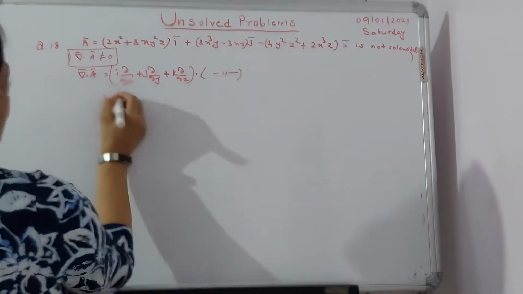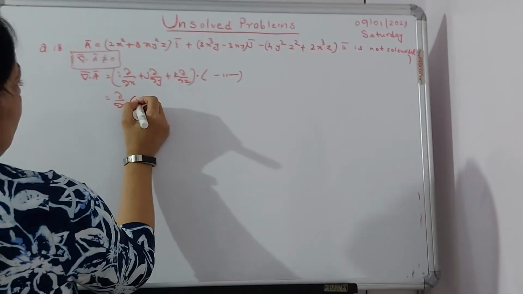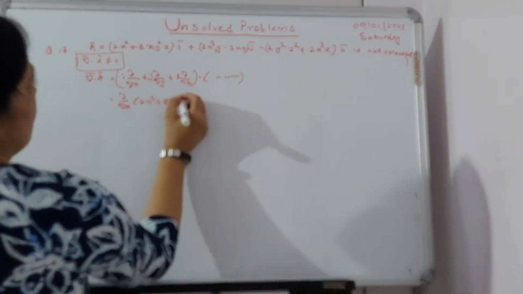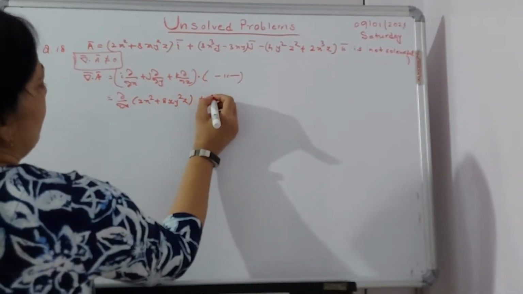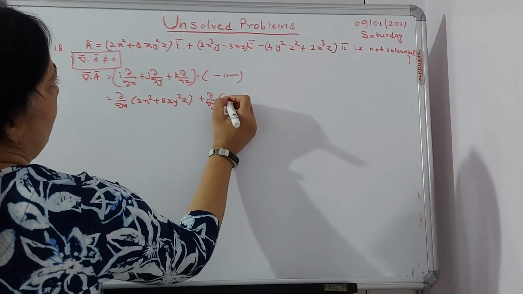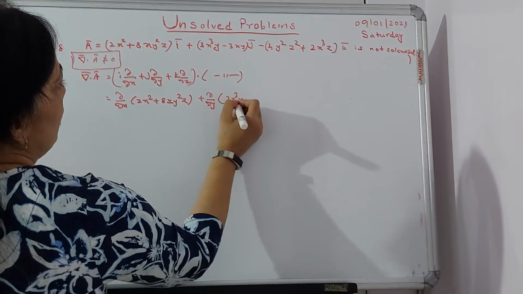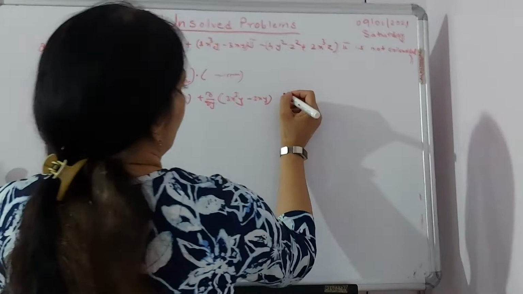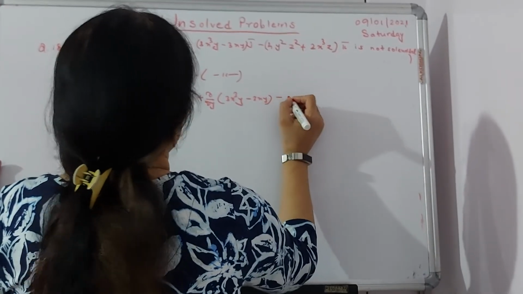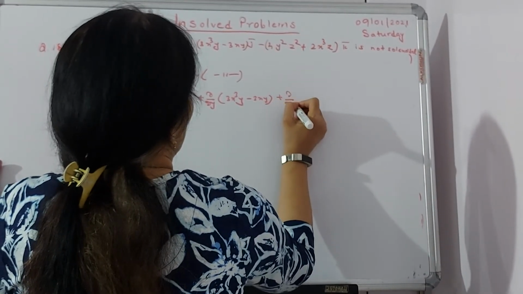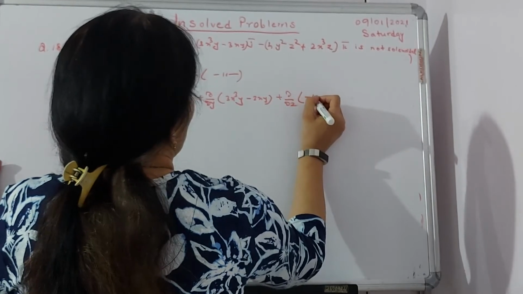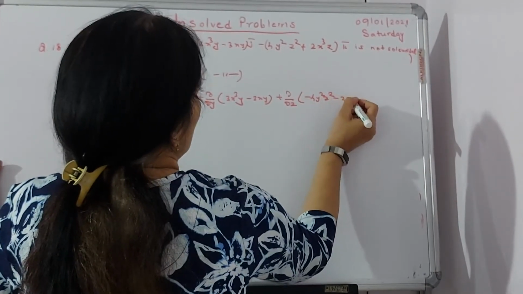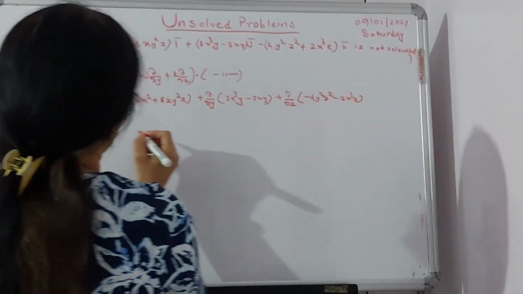What will I write? ∂/∂x of (2x² + 8xy²z) plus ∂/∂y of (3x³y − 3xy) plus ∂/∂z of (−4y²z² − 2x³z), right.